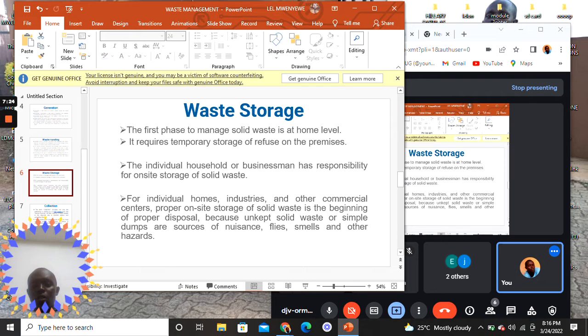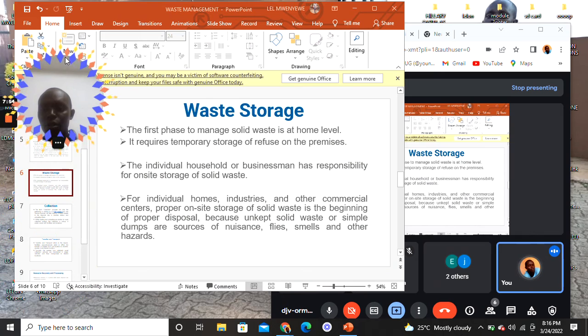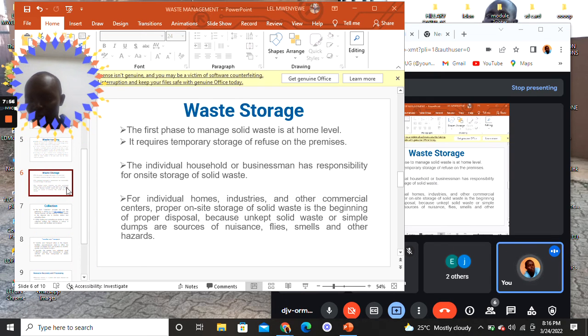For individual homes, industries, and other commercial centers, proper on-site storage of solid waste is the beginning of proper disposal, because unkept solid waste or simple dumps are sources of nuisance, flies, smells, and other hazards. So you need to keep your waste in closed containers so that the room will not be smelly. Then we will focus now on collection of waste.